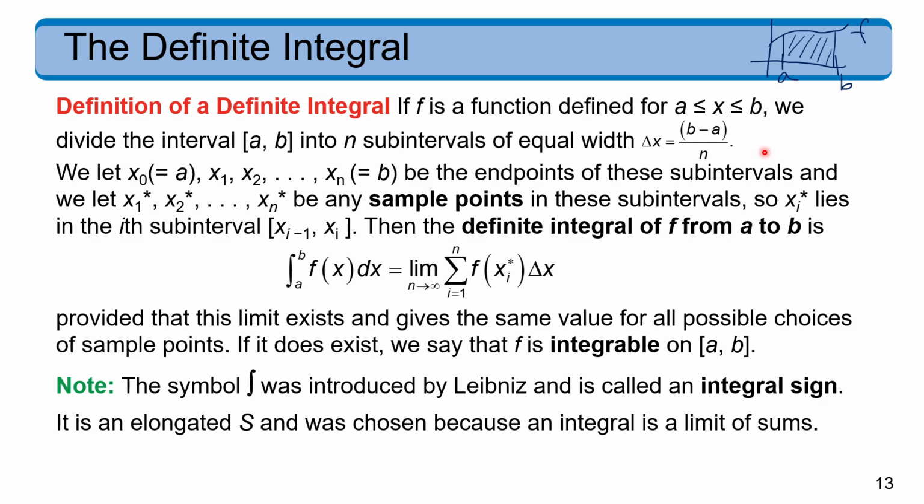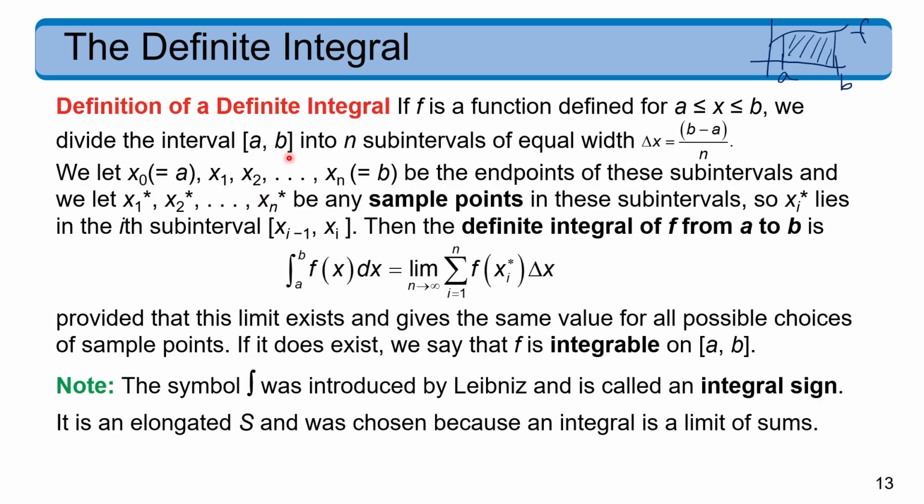For the width of each subinterval, you take the total length of the interval, right endpoint minus left endpoint, divided into n equal pieces. Then we give names to all the subdivisions. So x naught is the starting x value, which is the same as a. And then you add delta x to get to the next one. We call that one x1. You add another delta x, get to your next one, call it x2.